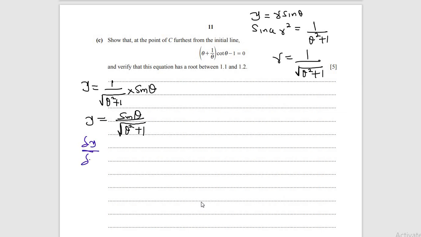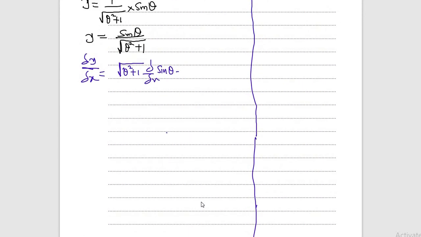This is like the quotient rule. For the quotient rule, we put down the bottom, which is theta squared plus 1 raised to the power half, differentiate the top, minus put down the top, differentiate the bottom, all over the bottom squared.